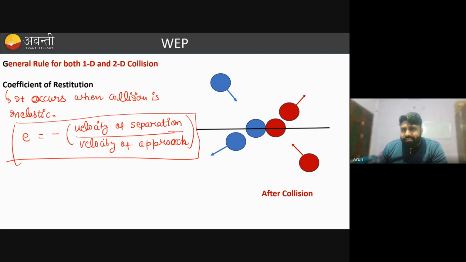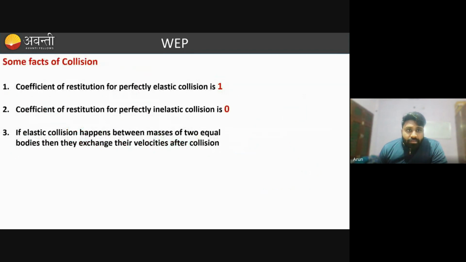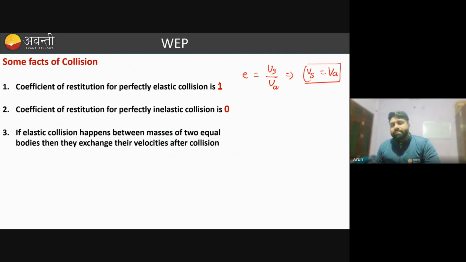Now, in inelastic collision, the momentum is conserved, and I will discuss it in a minute. So, the coefficient of restitution for perfectly elastic collision is 1, which means e equals velocity of separation by velocity of approach. E is 1 means velocity of separation equals velocity of approach, which means they just exchange their velocities because it is negative.